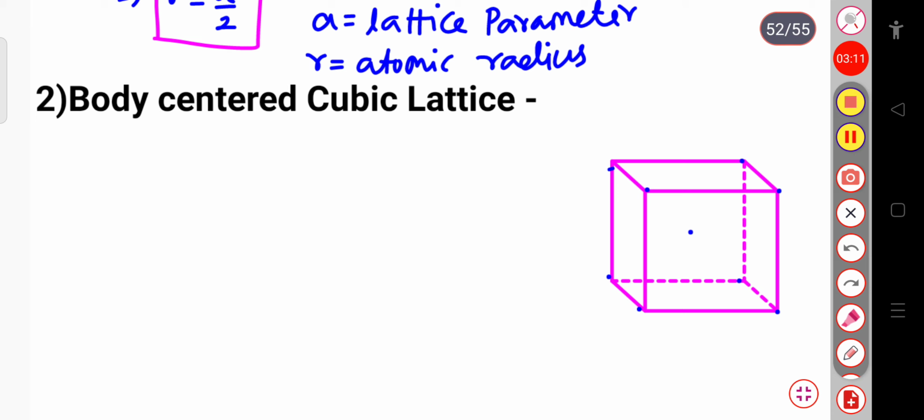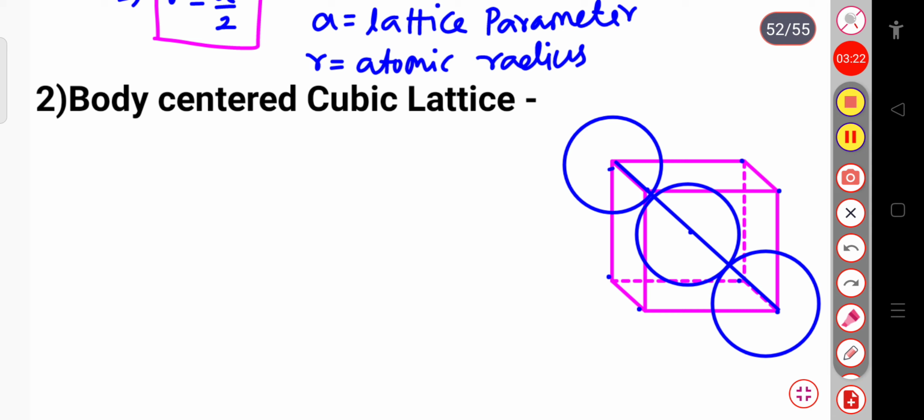Now if I draw a diagonal from the back side to the front side, let me plot. It is just like this, the diagonal. This first one is a corner atom, and this second one is also a corner atom, but this middle one, the third one, is the body-centered atom.